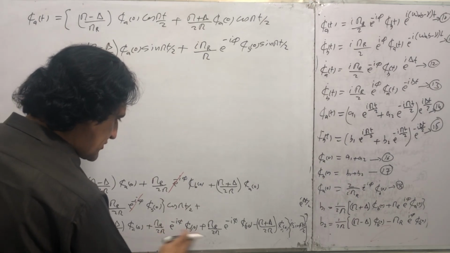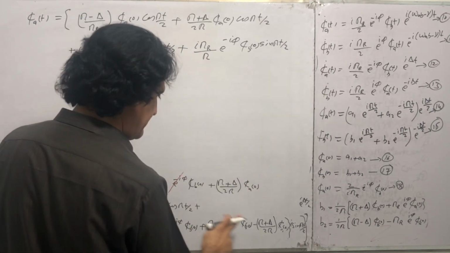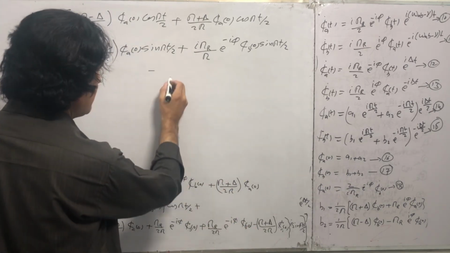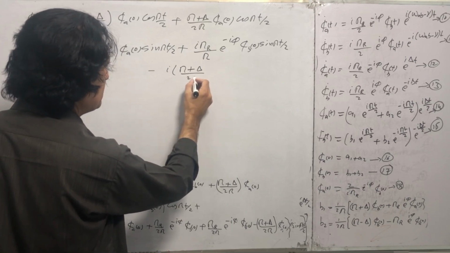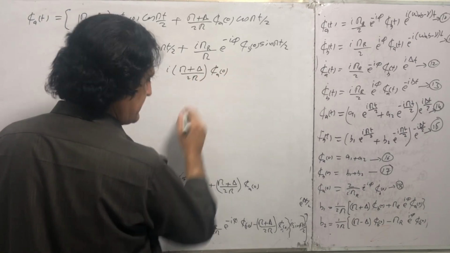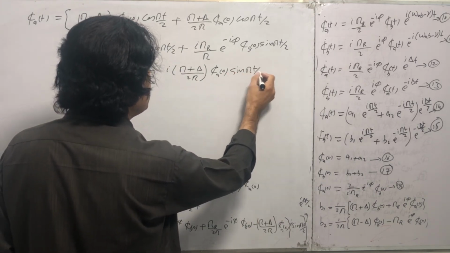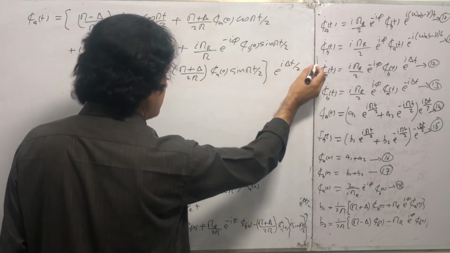So these two terms can be added and we have this term, and minus iota omega plus delta divided by 2 omega and Ca of 0 and sine omega t divided by 2 and e to the power iota delta t divided by 2.